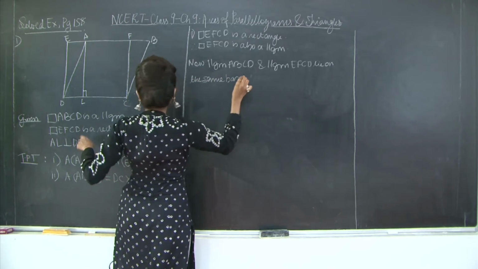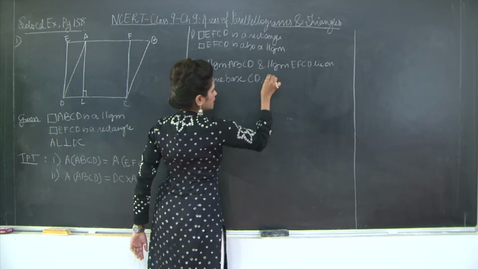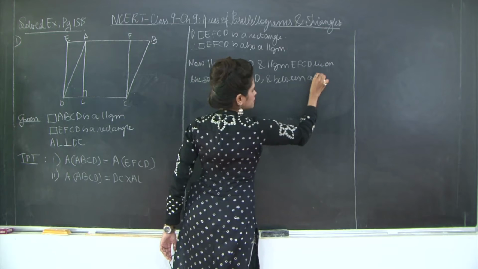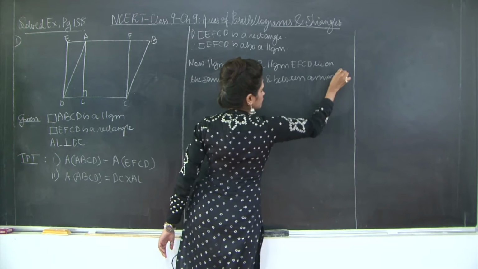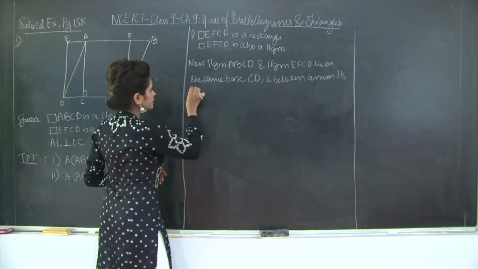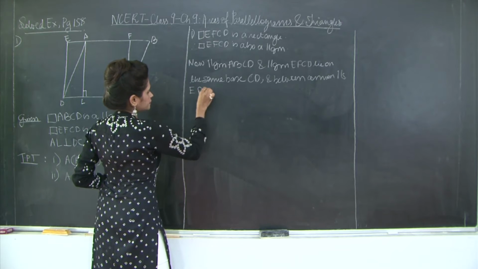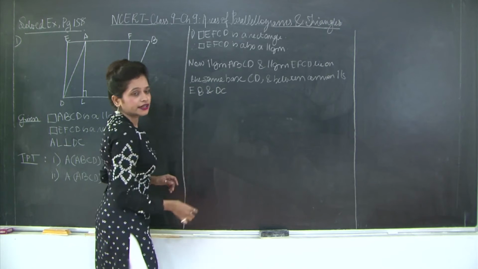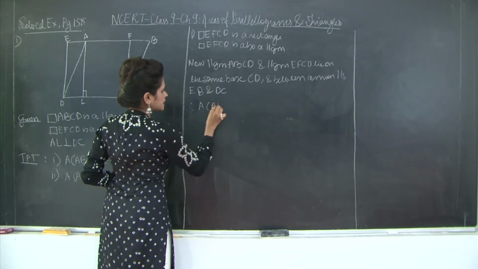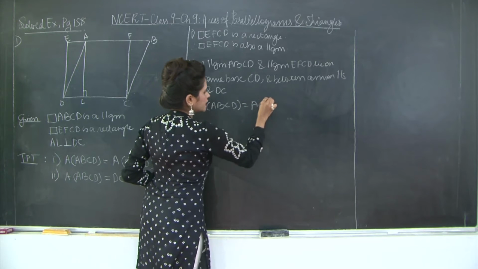So what is my same base? It is CD or DC. So I'll say CD and between common parallels. So what are my common parallels? EB and CD. So I'll say EB and DC. Therefore, area of ABCD is equal to area of EFCD.